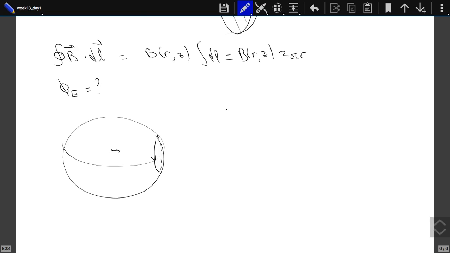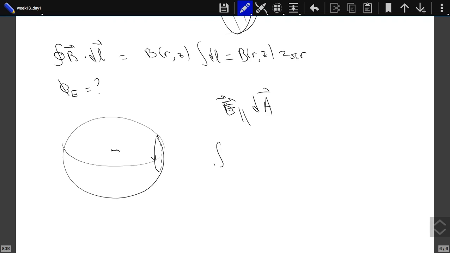Well, the nice thing is, for this sphere, E is parallel to dA. dA is just in the radial direction. Electric field is also in the radial direction. It's also uniform, so we can just integrate it.